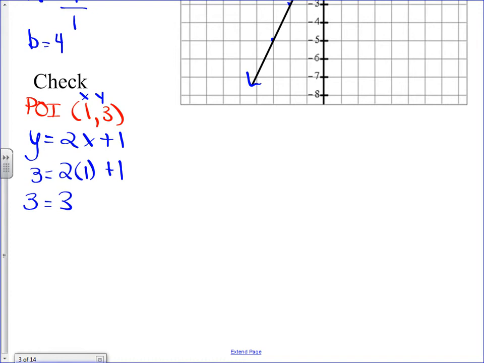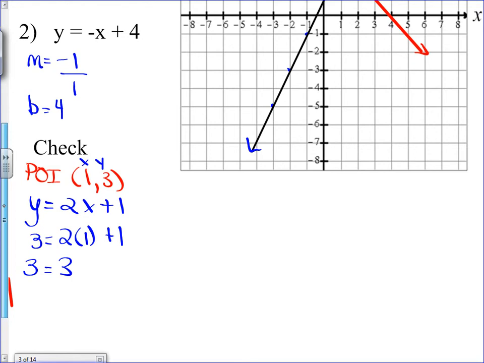My second equation to verify that, y equals negative x plus 4. So what would I write when I substitute the point of intersection in for that, Joe? What is y?